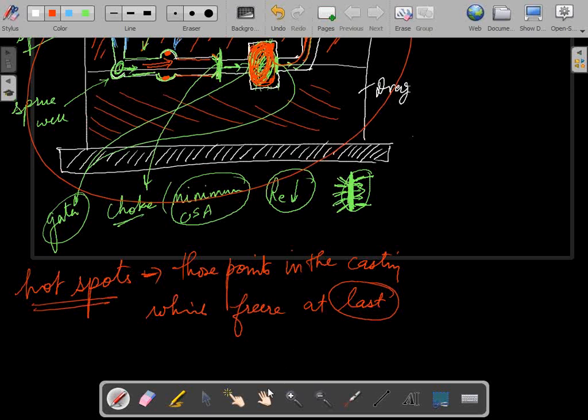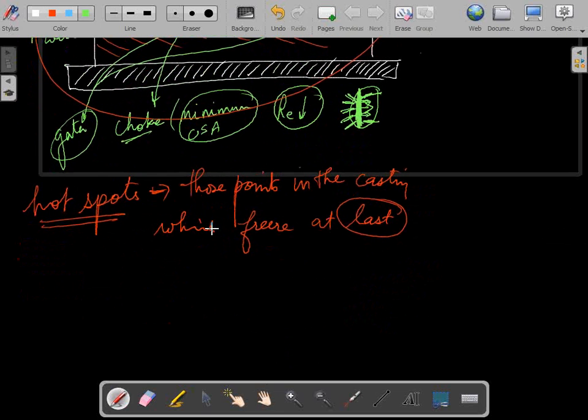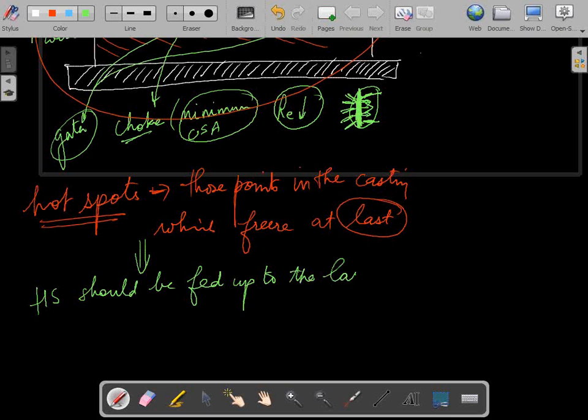Now there is an important thing that you should note down at this moment, that you will understand when we start the riser design topic: hotspots should be fed up to the last moment, till the casting is completely solidified.